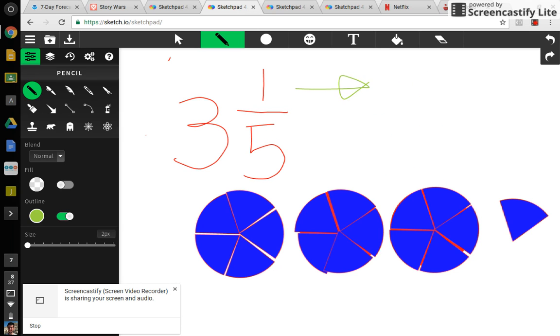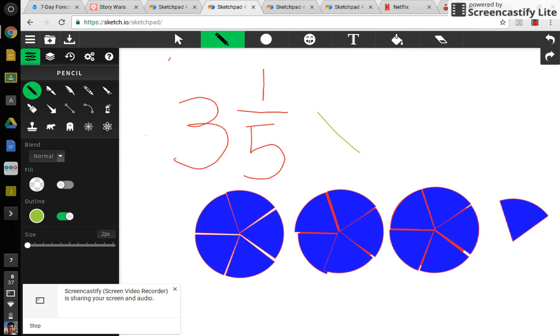So here's where this problem might be useful. Imagine that we had 3 1/5 pizzas, and we want to know what 1/4 of that would be. This is it in a multiplication problem. Again, we have 3 1/5 pizzas. We want to know how much 1/4 of that amount would be.